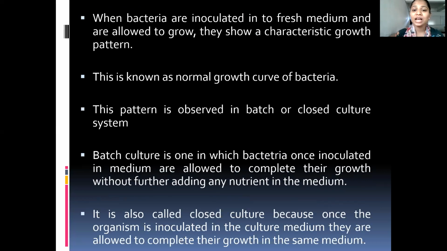When bacteria are inoculated in fresh medium and allowed to grow, they show a characteristic growth pattern. This is known as the normal growth curve of bacteria. This pattern is observed in a batch or closed culture system. Batch culture is one in which bacteria, once inoculated in the medium, are allowed to complete their growth without further addition of any nutrient to the medium.